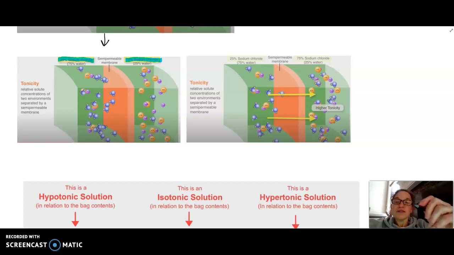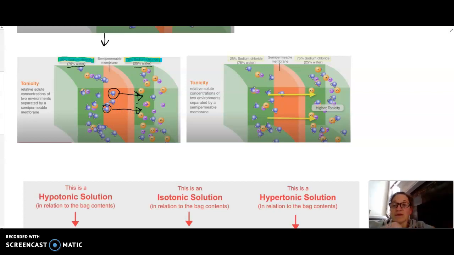And so if you focus on the water, on this side you have 75% water, and over here you have 25% water. Well, water will move from where there's high water to where there's low water. And so these water molecules are going to start moving through this membrane. And they're going to do so pretty quickly.